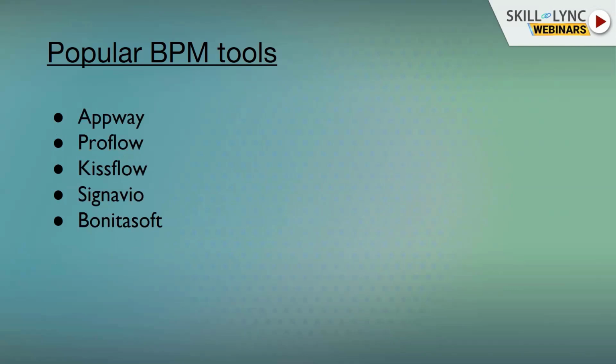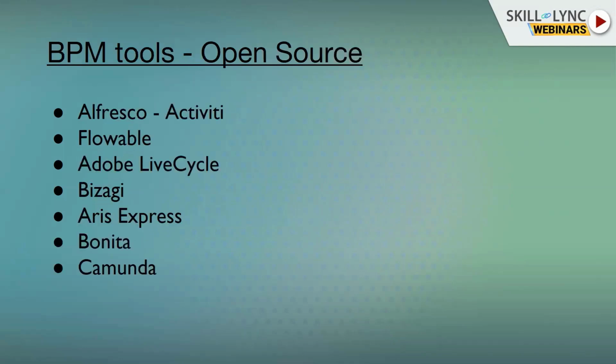Other BPM tools are like AppPay, ProFlow, KissFlow, Signavio, and BonitaSoft. So Signavio is something which was recently, 2 months ago, acquired by ERP SAP. Also, as I mentioned initially, there are a lot of community versions also available, which are free of cost. So you can use them based upon your requirement, but they will have some basic features.